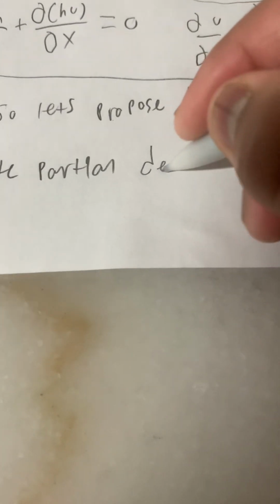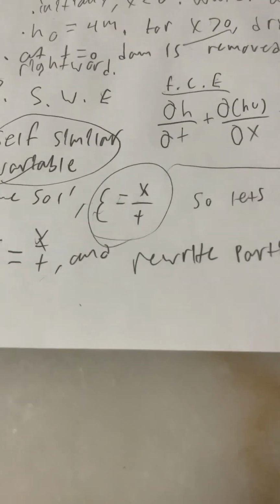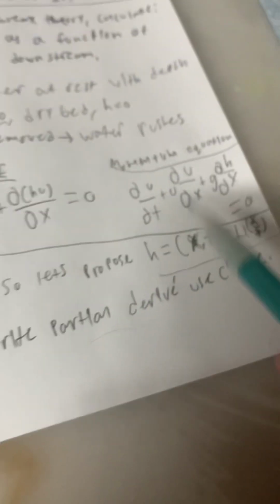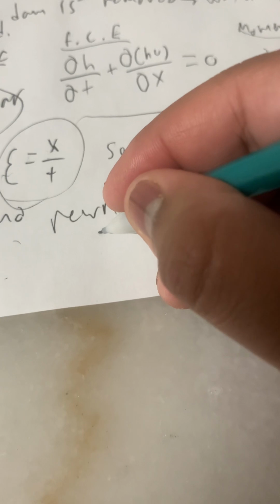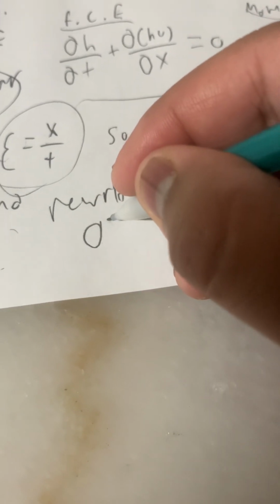Sorry, I got my words mixed up there. So if we rewrite in partial derivative using the chain rule, it would be this. It's just going to take a while to write.